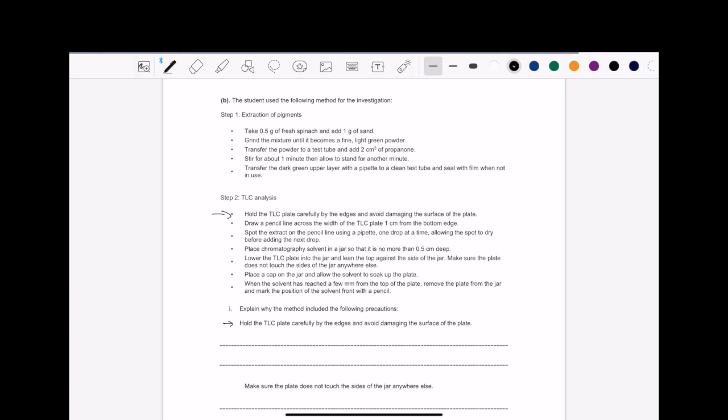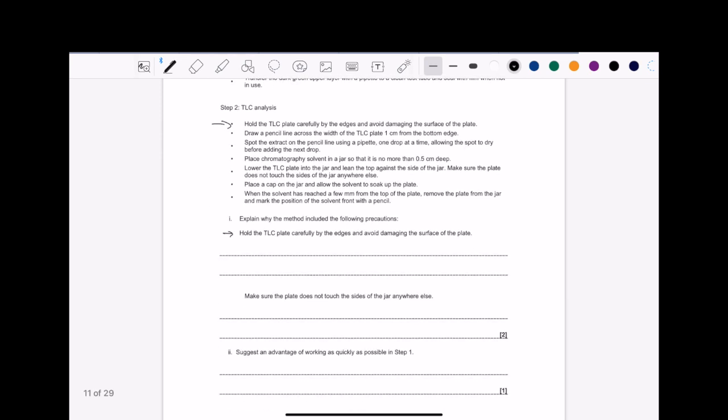We want a pure sample, and our fingerprints and our skin and our hands have oils, right? Skin oils. And so imagine if you touch that TLC plate, not by its sides, but rather just straight on, that's going to contaminate it. And so in this case, the answer would be that the plates aren't contaminated by fingerprints from your skin.